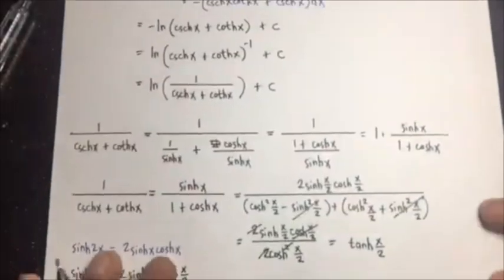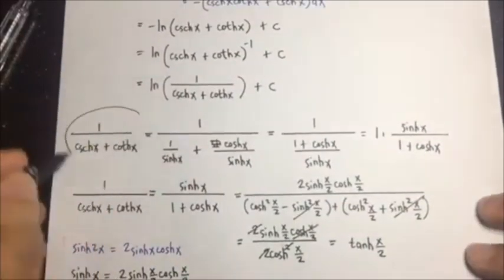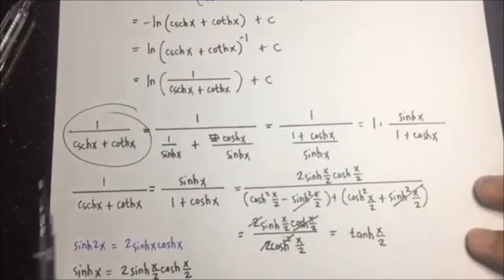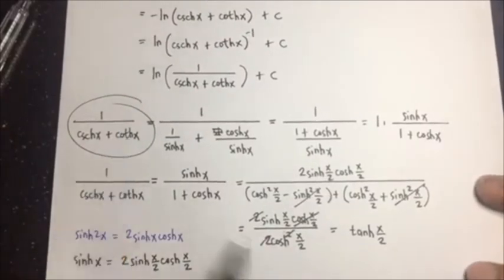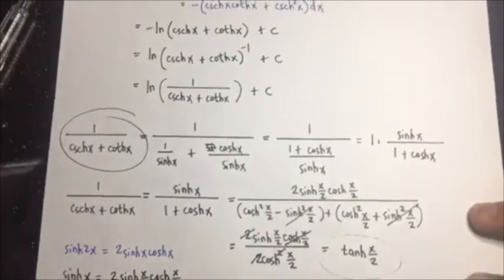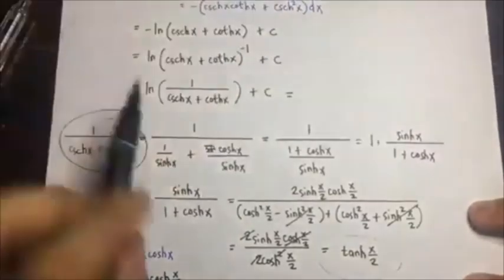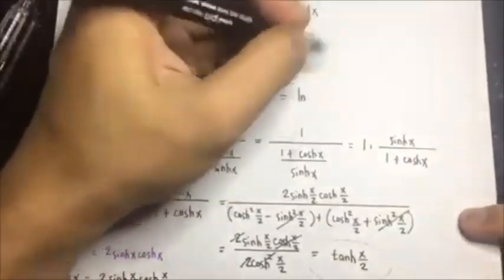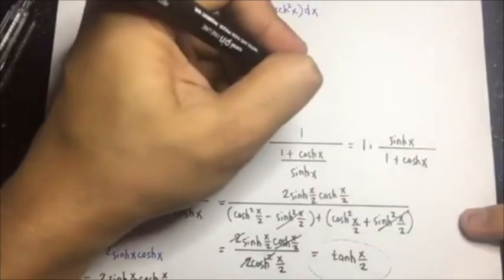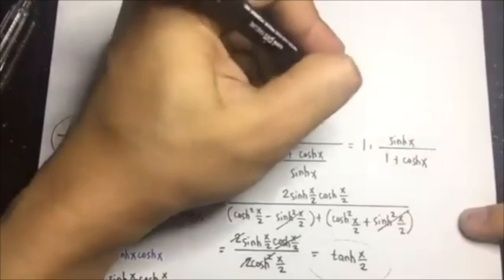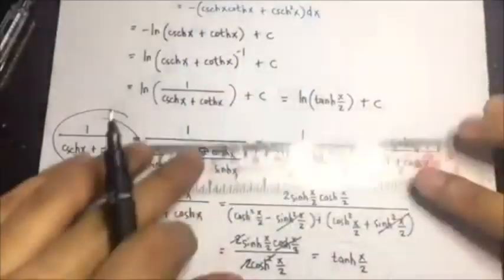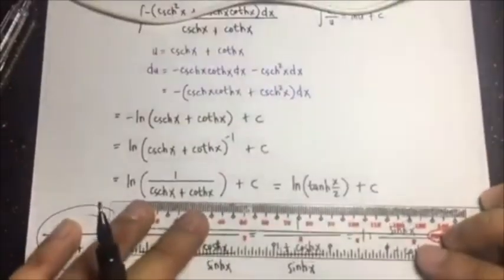Okay, so therefore 1 over hyperbolic cosecant x plus hyperbolic cotangent of x is also equal to hyperbolic tangent of x over 2. So therefore this is also equal to ln of hyperbolic tangent of x over 2 plus c.